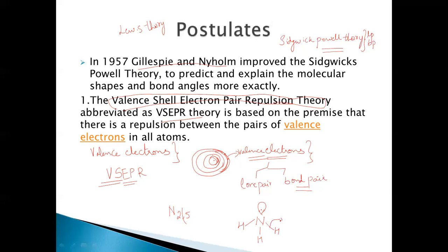When I say this is a bond pair and this is a lone pair, what does this mean? The bond pair is nothing but the electrons involved in bonding with the other atoms. Of nitrogen's 5 electrons, 3 are involved in bonding with the hydrogens. These electrons involved in bonding with hydrogen are the bond pairs of electrons here.